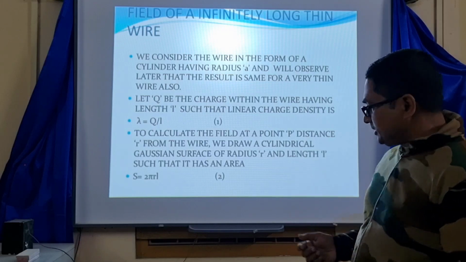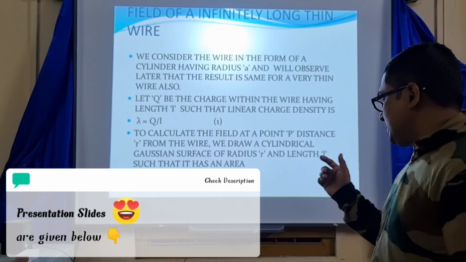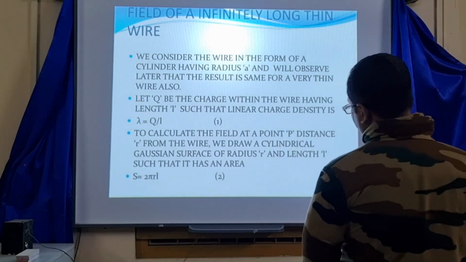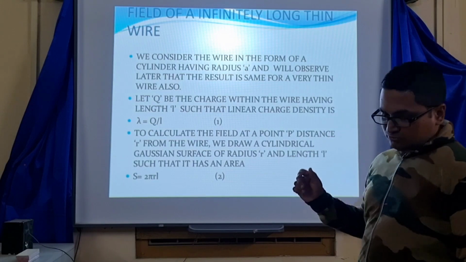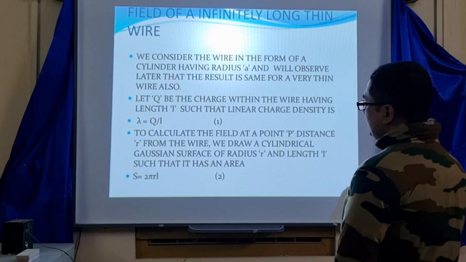Then to calculate the field, as stated in the last video, we use a Gaussian surface, and the Gaussian surface will pass through the point P, which is at a distance r from the wire.